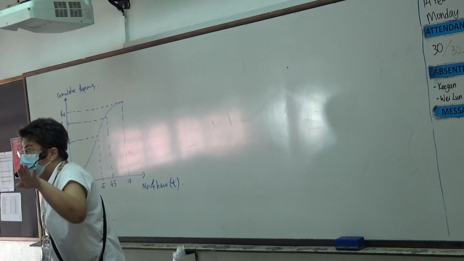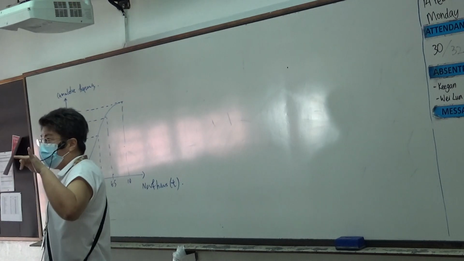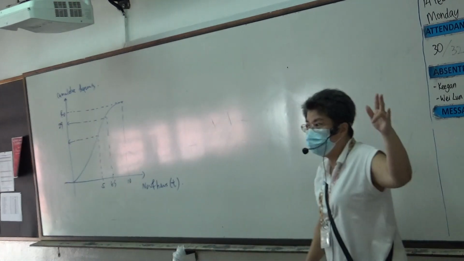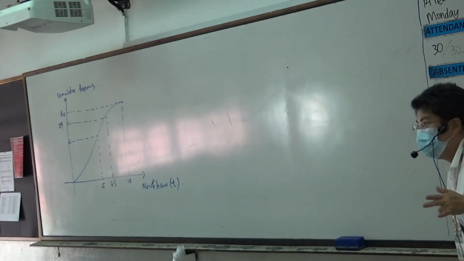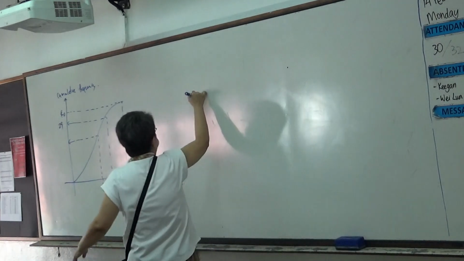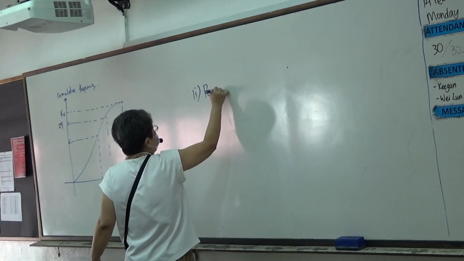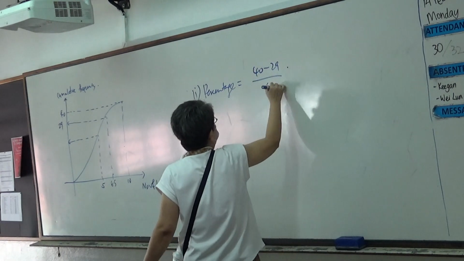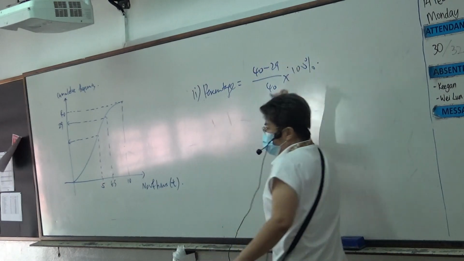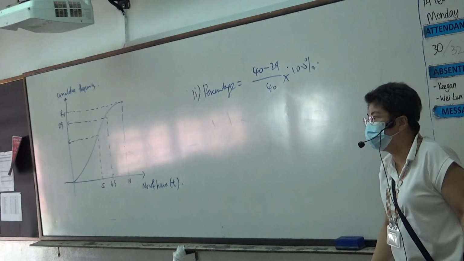They want what? More, right? And what more do they want? They want the percentage, right? Correct. So, part 2, the percentage must be 40 minus 29 over 40 times 100%. Agree?